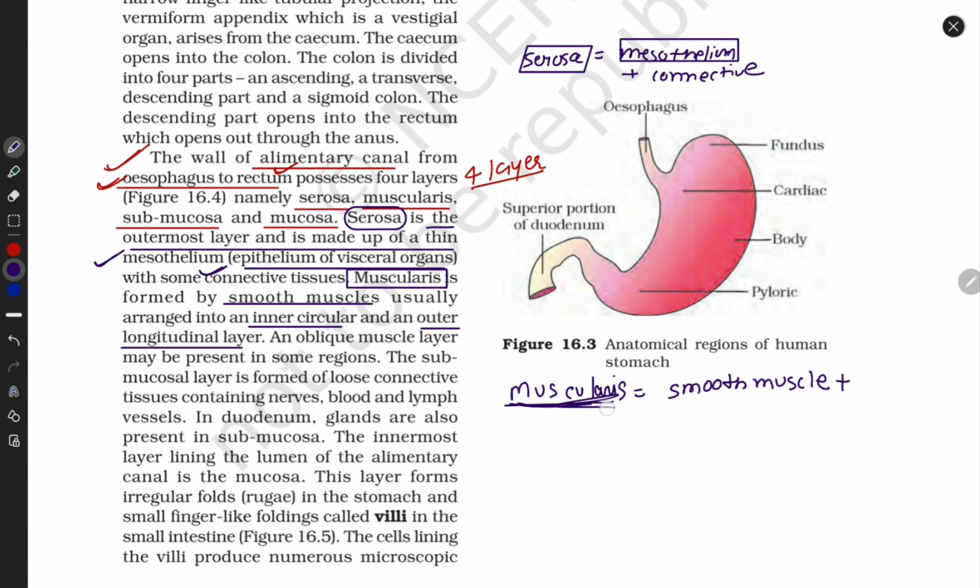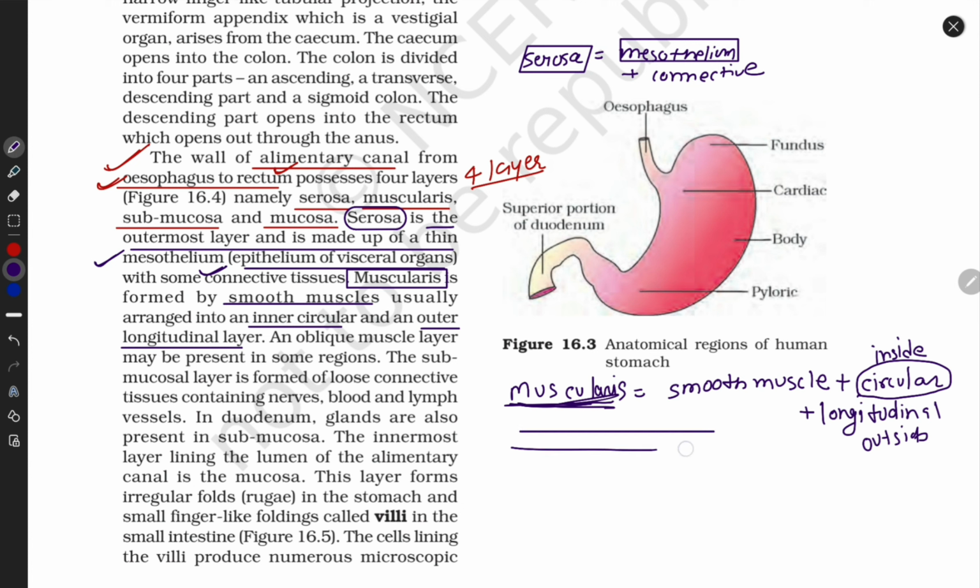The circular layer is present inside and the longitudinal layer is present outside. Here serosa, here longitudinal, and here circular. This is the part of muscularis.